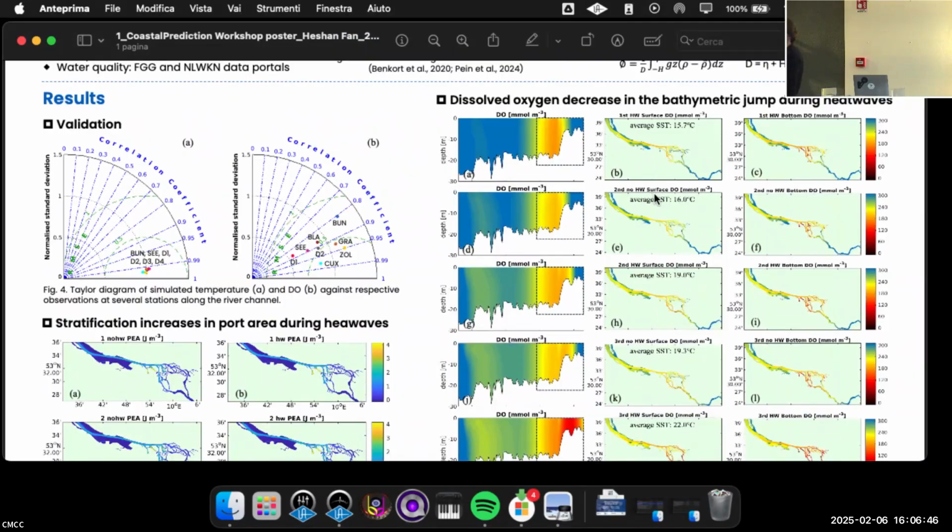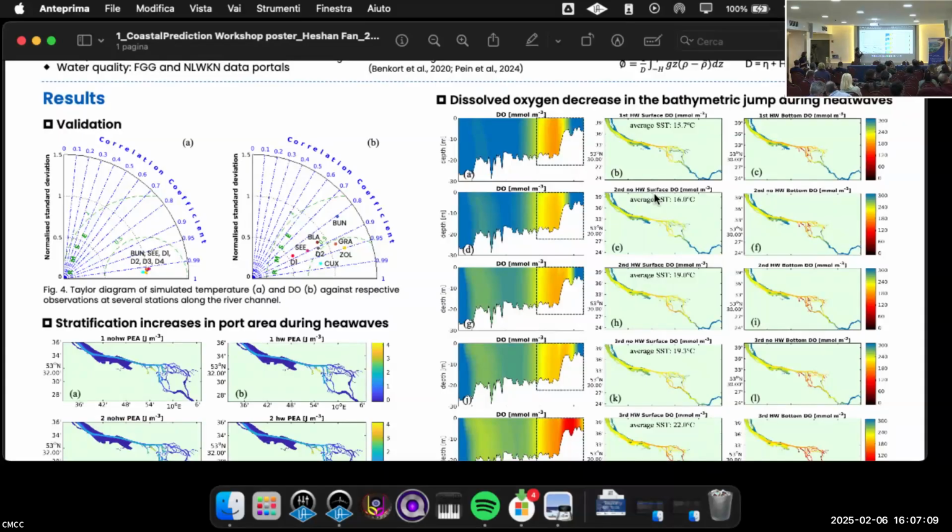During the heatwave events, the DO levels decreased a lot compared to non-heatwave periods. In the bathymetric jump region, instead of a continuous decrease like that in the downstream.